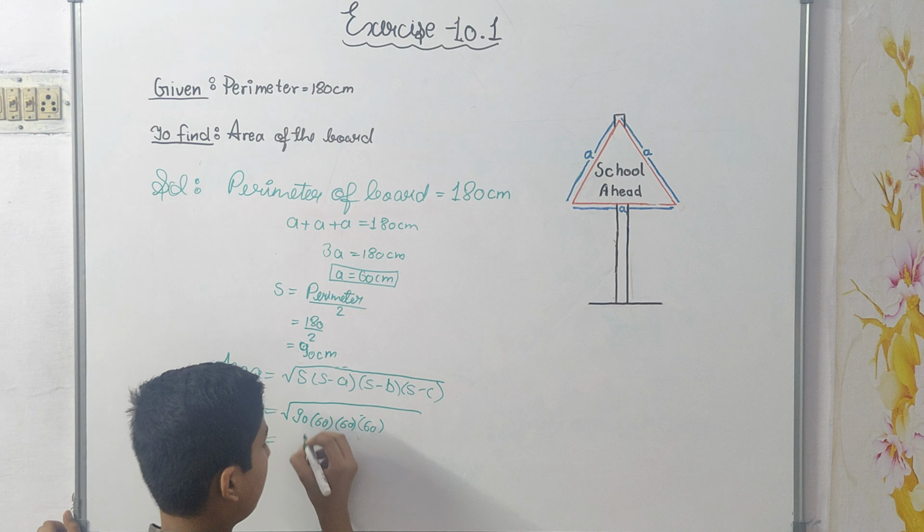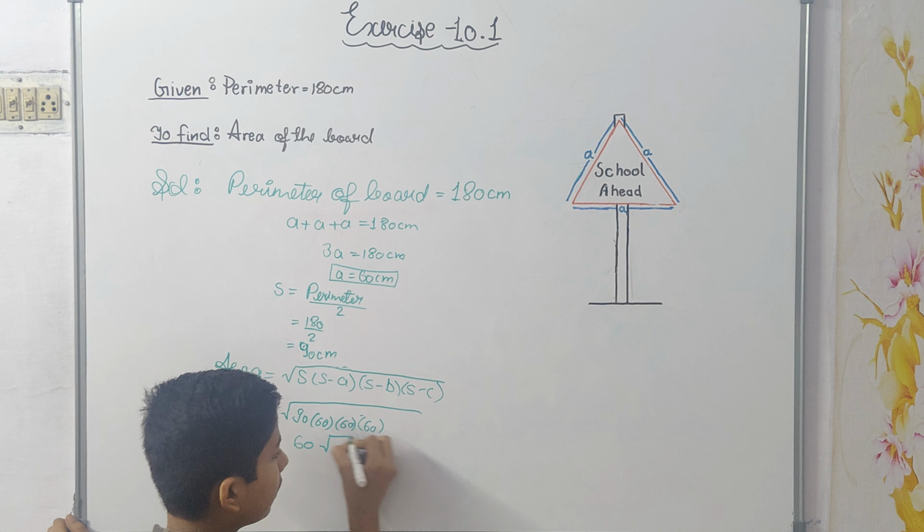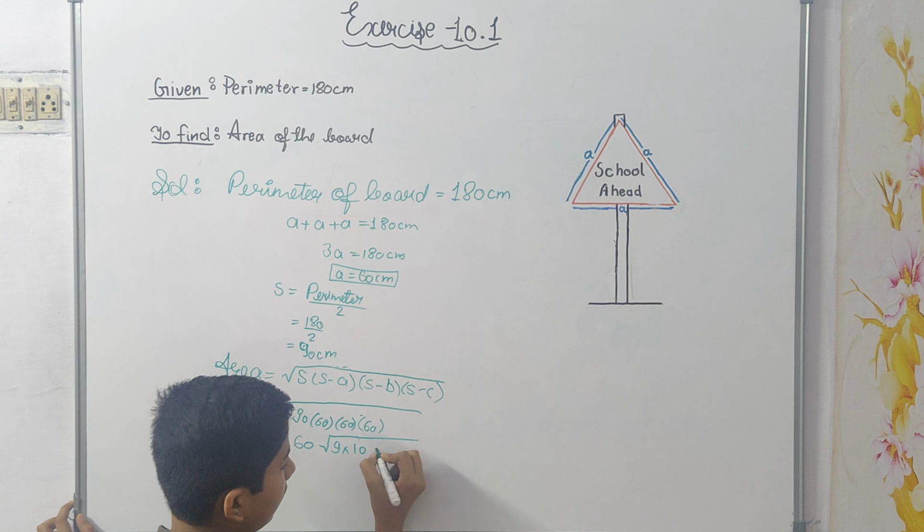This can be written as 60 coming outside, and root of 9 into 10 into 60.